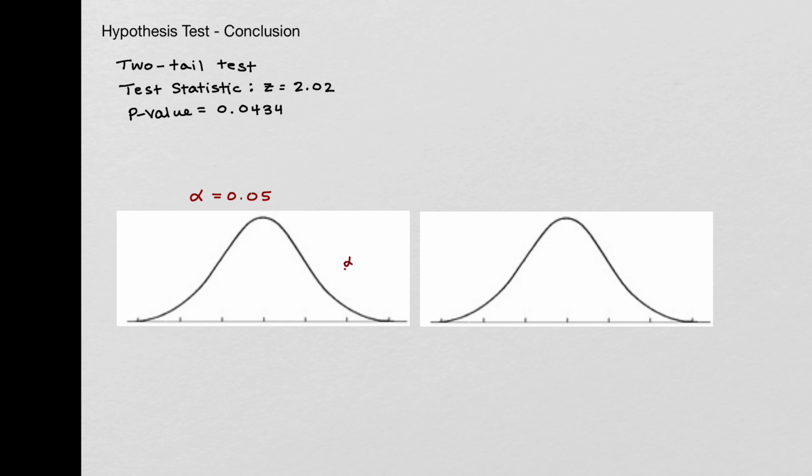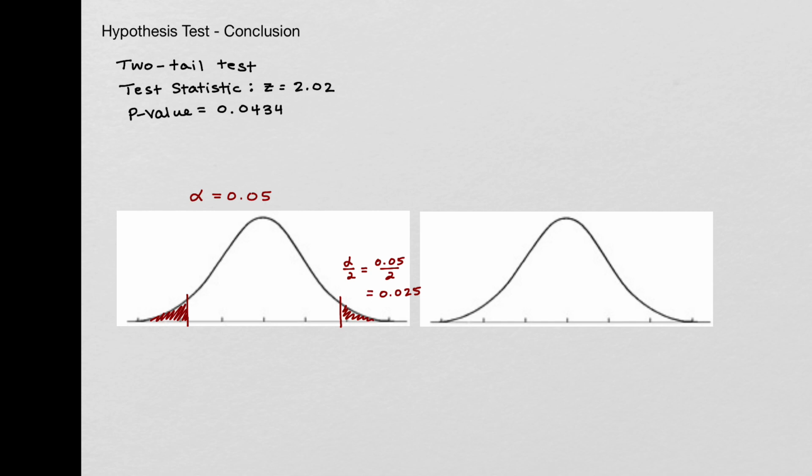So we're going to have alpha over 2 in the right-hand tail, and that's going to be 0.025. And so that's going to look a bit like this. And then we have the same area in the left-hand tail as well. And that forms our critical regions.